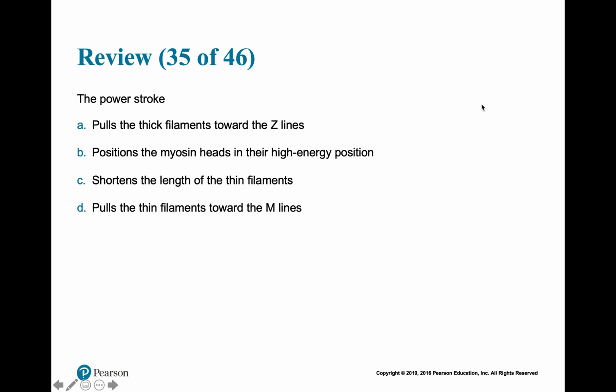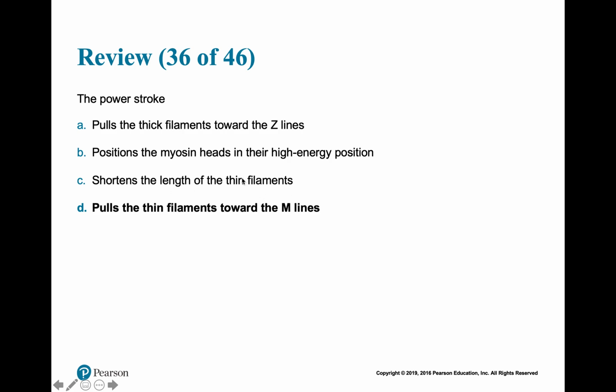The Z lines delineate what a sarcomere is, right? A sarcomere is from Z line to Z line. Okay, so positions the myosin heads in their high energy position, shortens the length of the thin filaments, pulls the thin filaments towards the M lines. There we go. Shortens the length of the thin filaments.